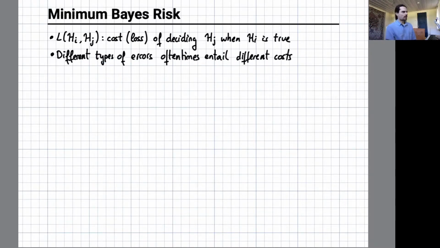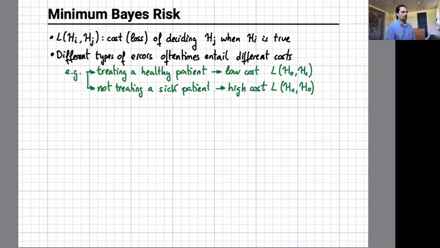Another important strength of the Bayesian approach to hypothesis testing is its ability to capture the different costs that different kinds of errors may have. So this is easy to understand if we think, for example, of the case where we need to determine whether a patient has a certain disease or not in order to decide whether we start a treatment, right?